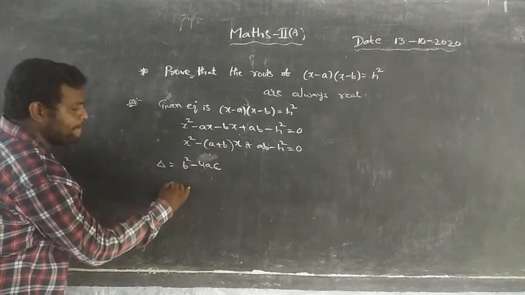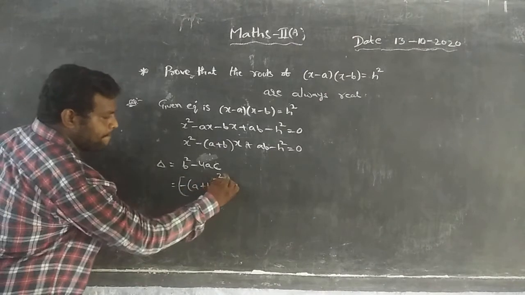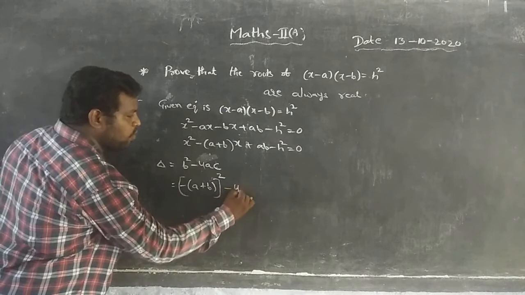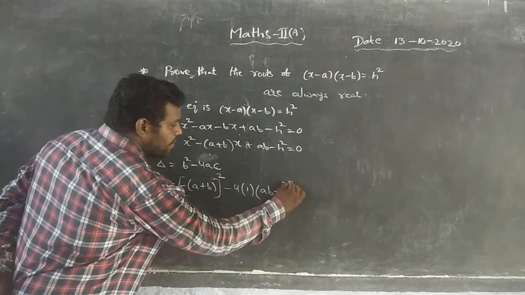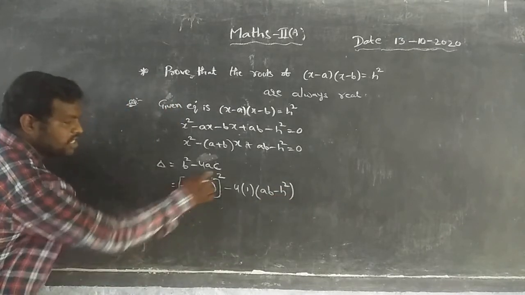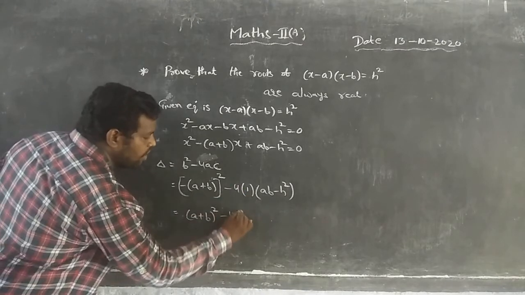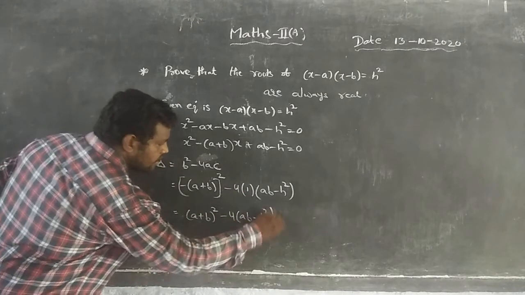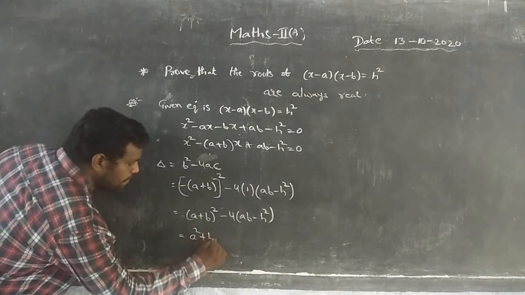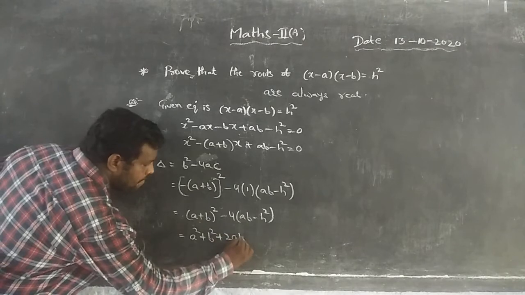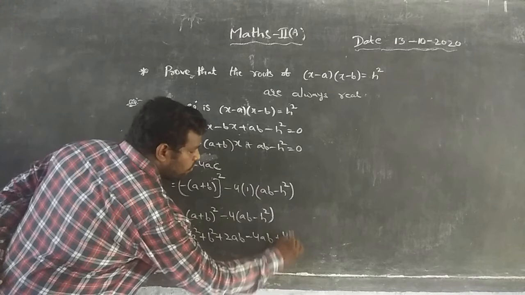The x coefficient, −(a + b), whole square, minus 4 into a, which is 1, into (ab − h²). That equals (a + b)² − 4(ab − h²). (a + b)² means a² + b² + 2ab, minus 4ab plus 4h².